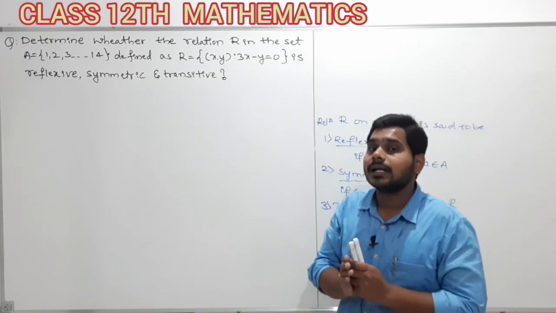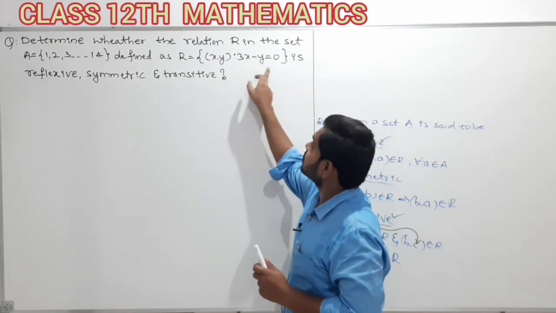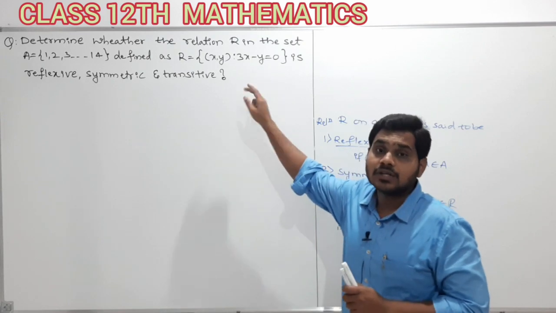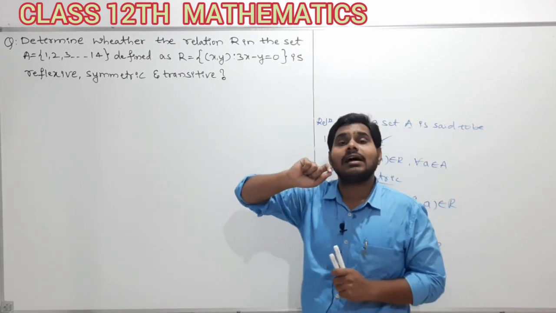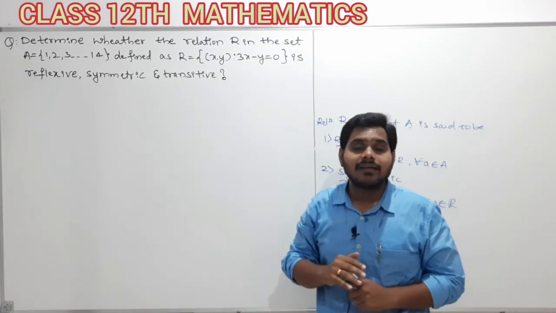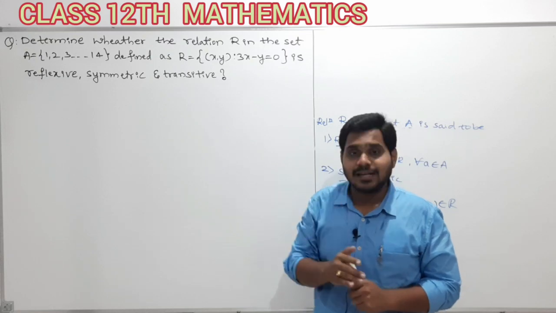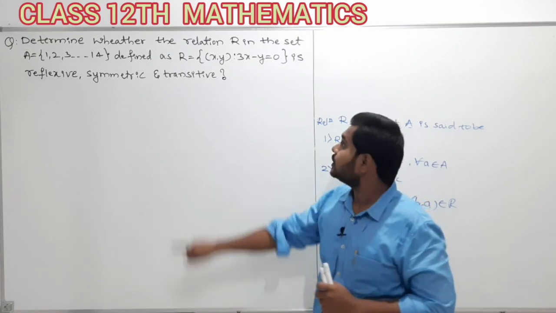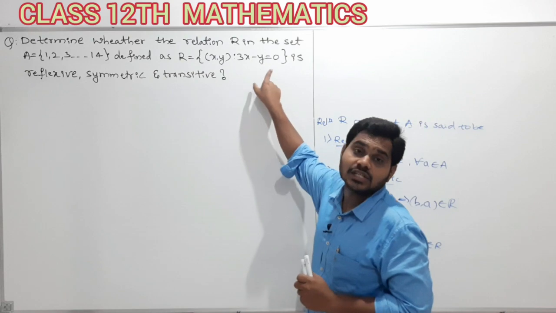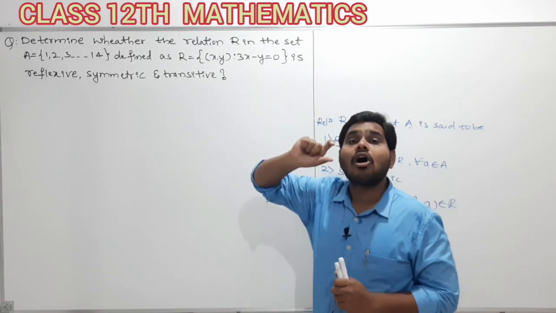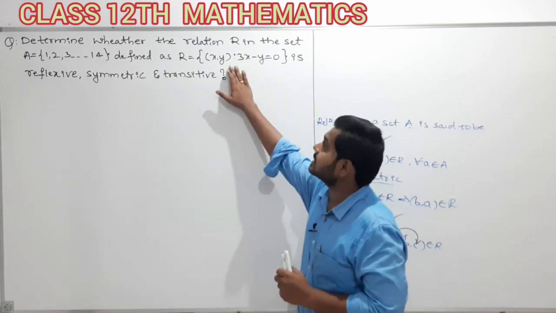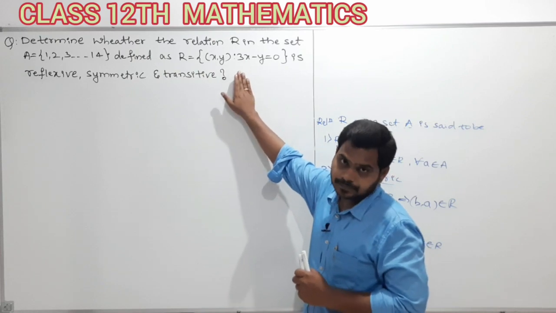So first of all, I'll solve this equation, which means we should find out the x and y values. After substituting the x and y values, the equation should be satisfied. Such an ordered pair you should consider in the relation R.